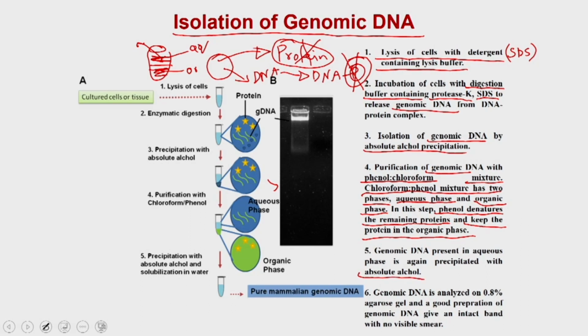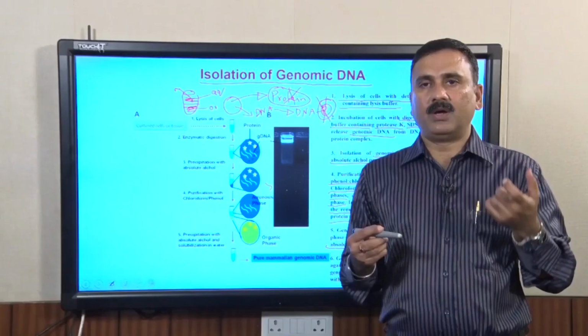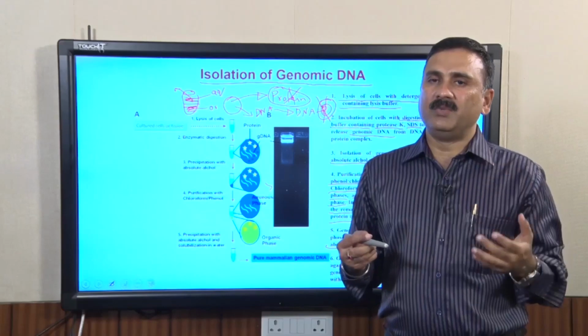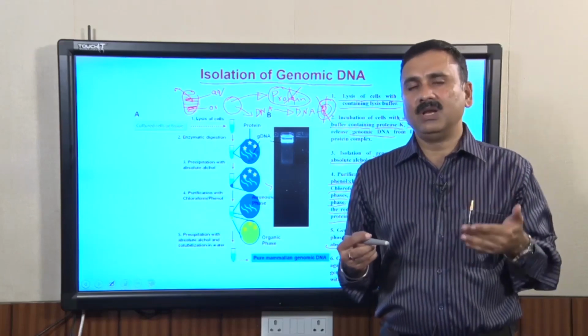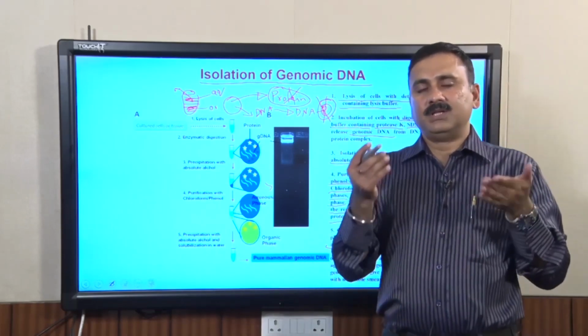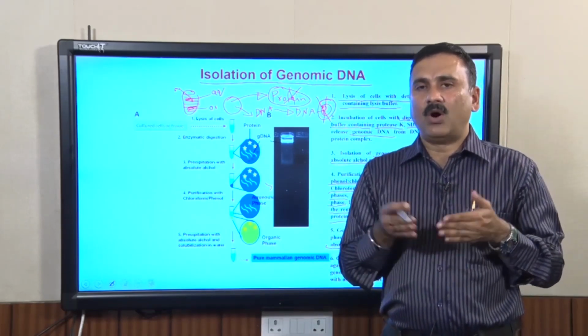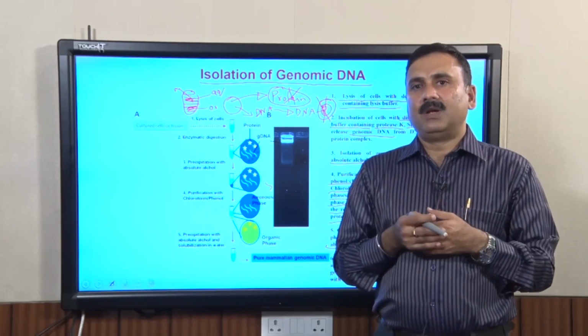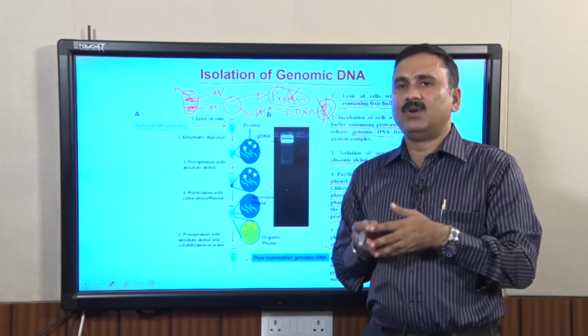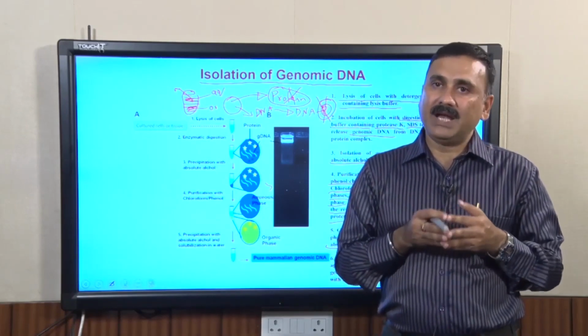Now you have the genomic DNA isolated from the cell, but you have to analyze it on an agarose gel, or agarose electrophoresis, to check whether the quality of the genomic DNA is good enough to prepare a genomic library, because genomic library preparation is a long process, and you have to ensure that the genomic DNA you have purified is of very high quality.